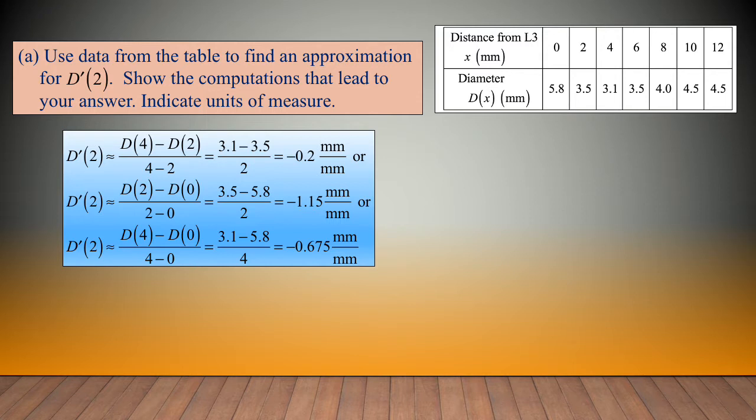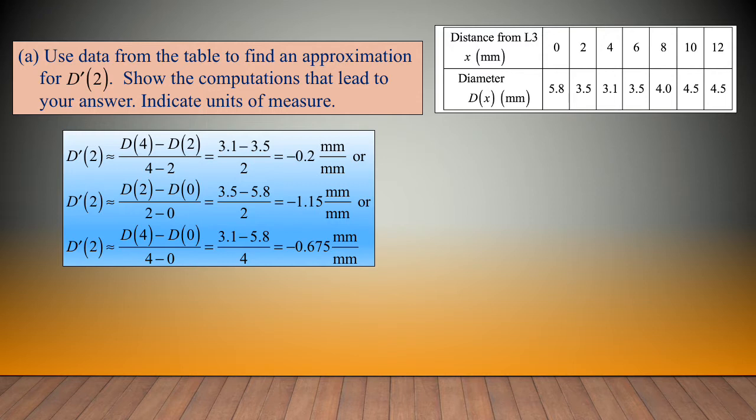Or d prime of 2 is approximately equal to d of 2 minus d of 0 over 2 minus 0, which is 3.5 minus 5.8 over 2, or negative 1.15 millimeters per millimeter.